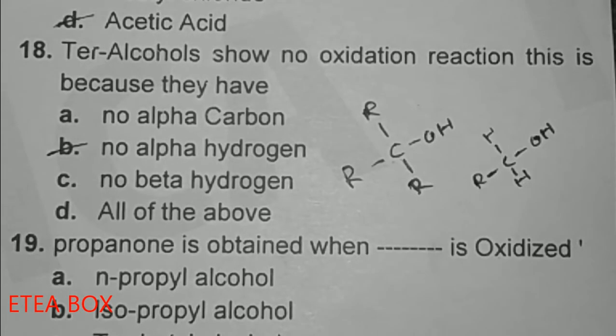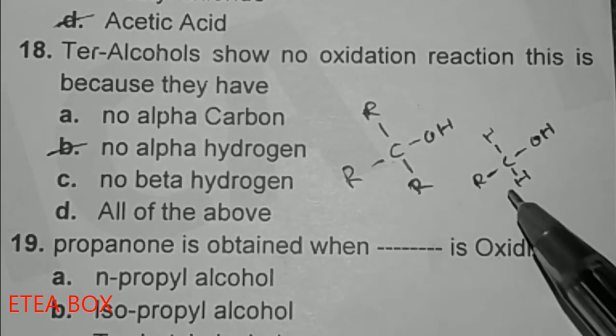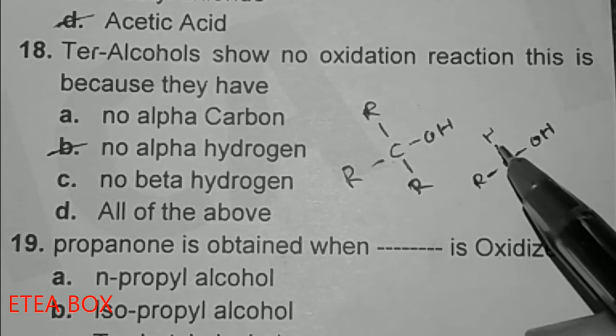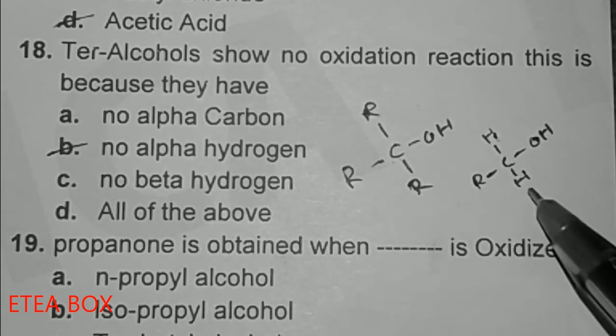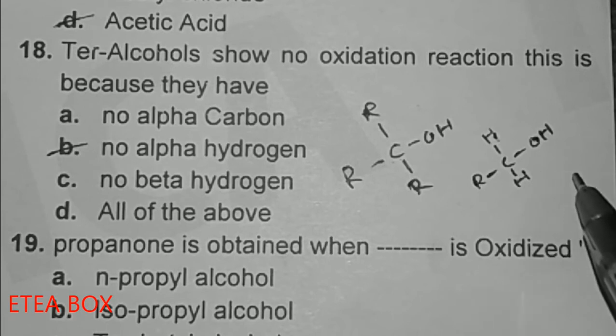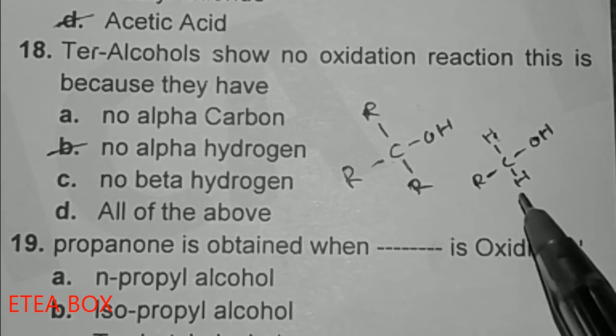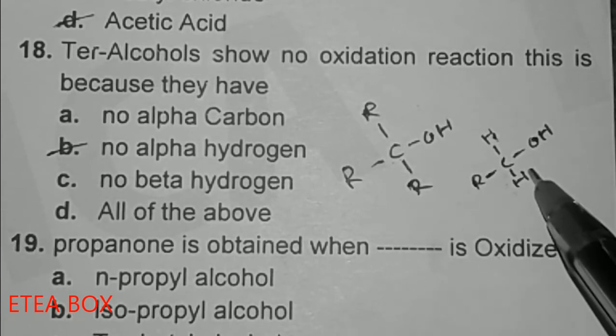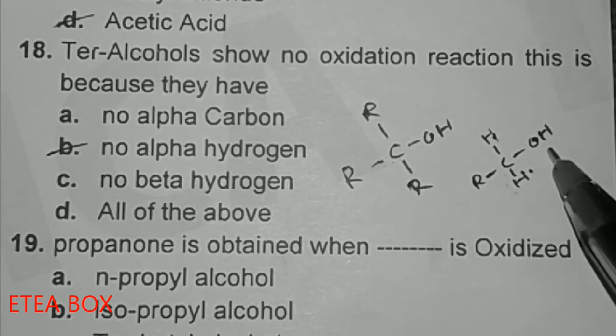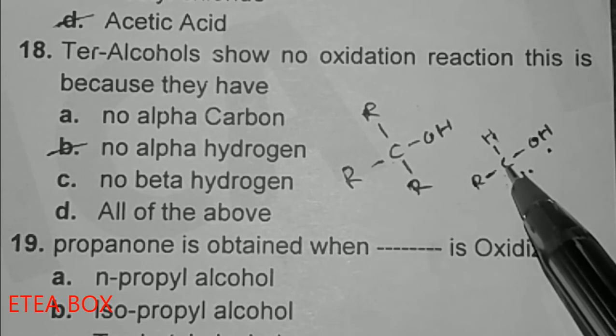Look at here, the next structure is of a primary alcohol, okay? Look here, alpha hydrogens are present, that's why oxidation will occur in this alcohol, okay? So for oxidation, what happens? One hydrogen is removed and the hydroxyl group is removed from the carbon, and in that case the oxygen is attached to this one carbon, okay?